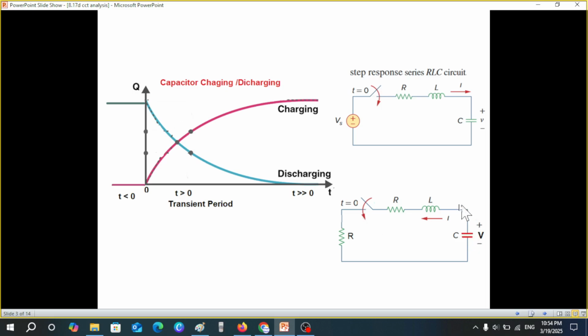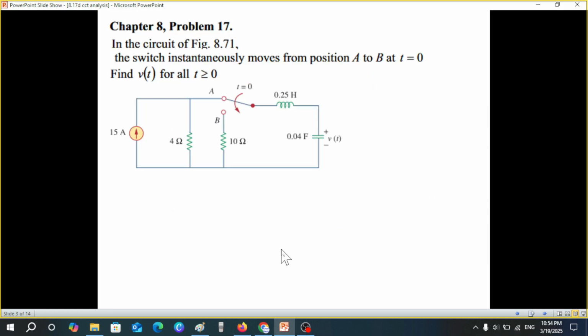Then this capacitor will discharge through the resistances, and the discharge pattern will be something like this until it reaches 0. And this is also the transient period for t greater than 0, which is equal to 5 tau. So keep this in mind.